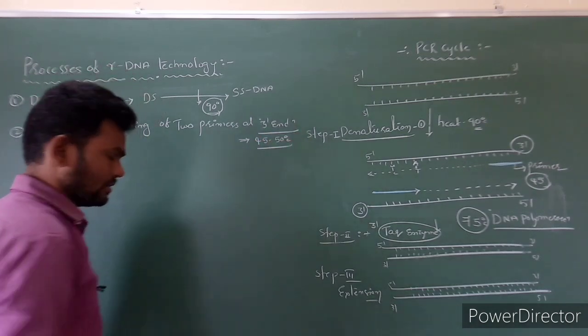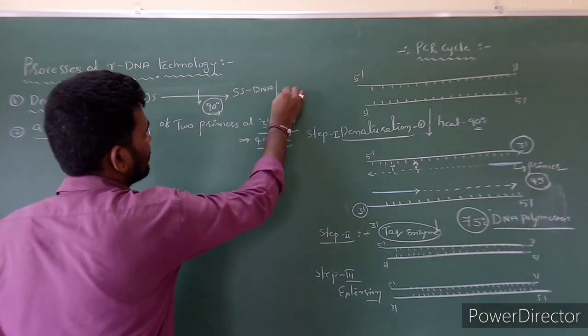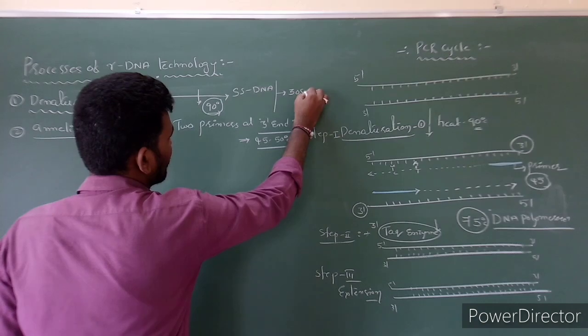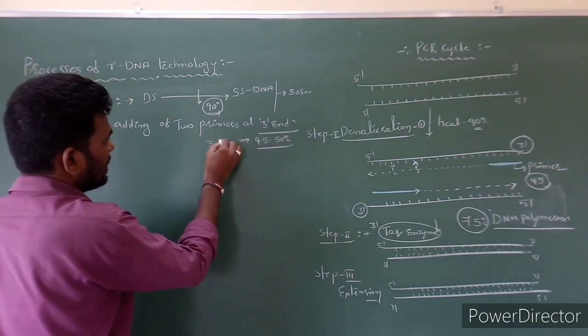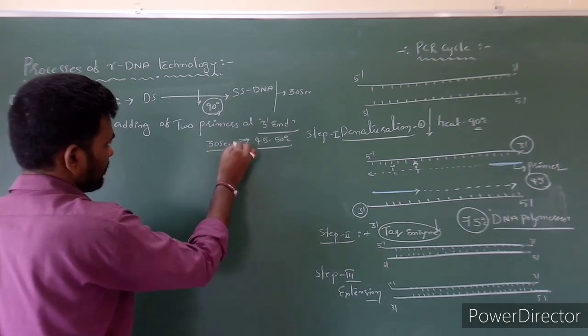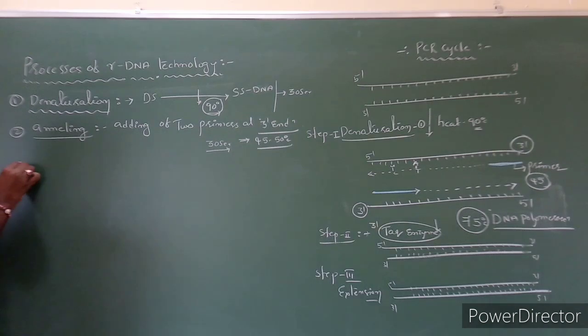Mostly the first step is done within 30 seconds, and annealing is also done within 30 seconds. Annealing is completed. Next, the third step is what?